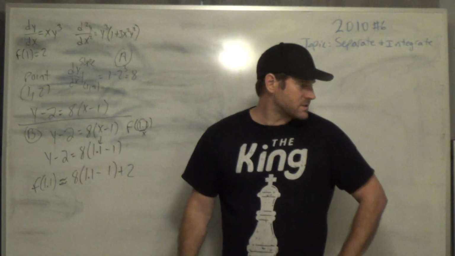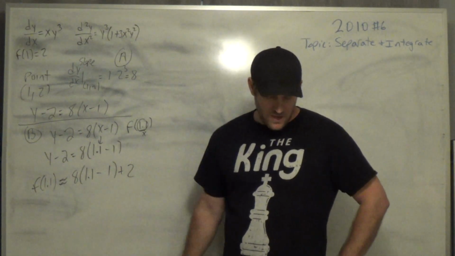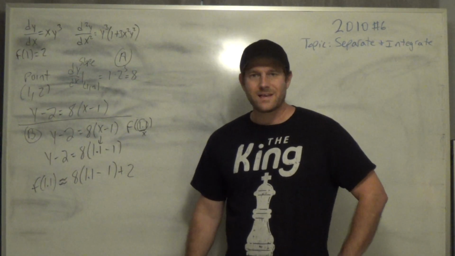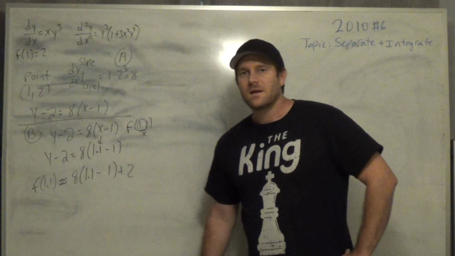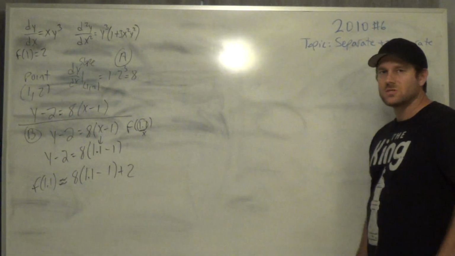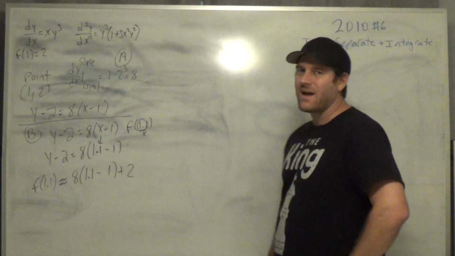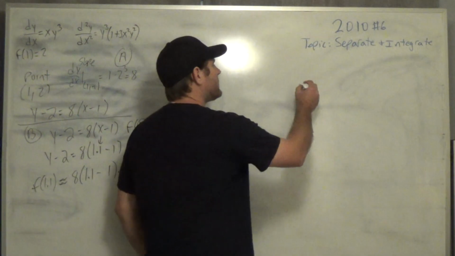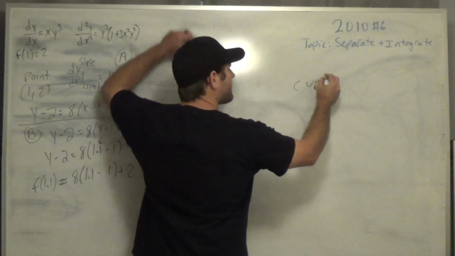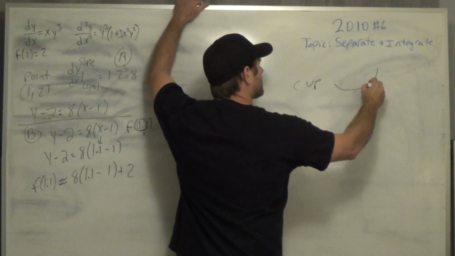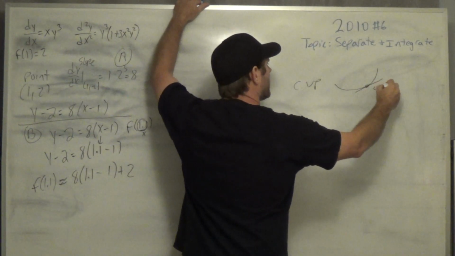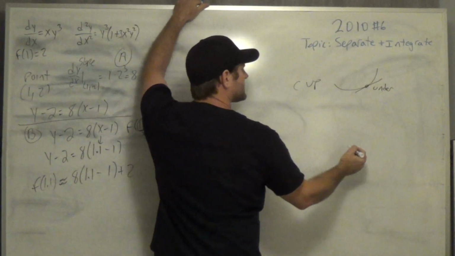The second part of this question says, hey, is this answer we just got an under or an over estimate? Well, tangent line approximations depend on the concavity of the graph. If a graph is concave up, tangent lines are underestimates.